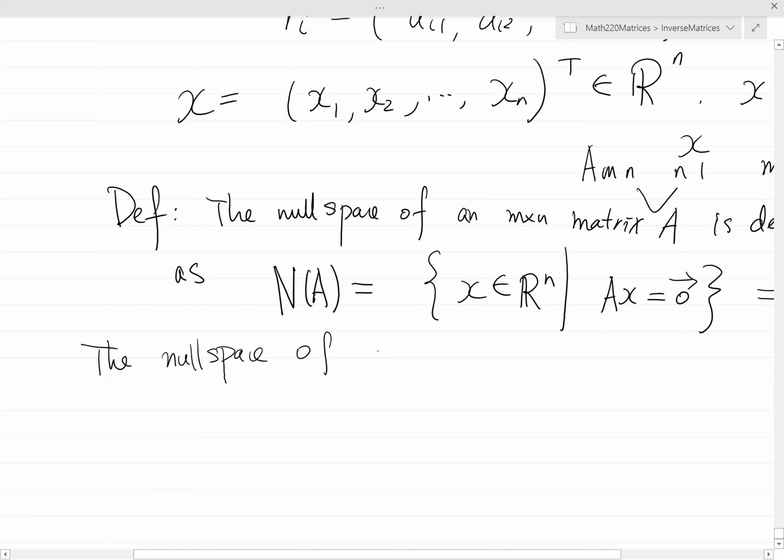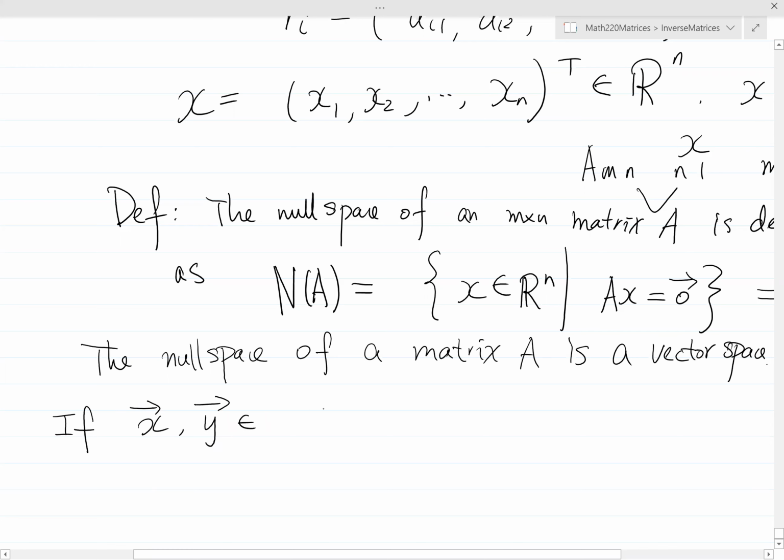For instance, if x, y are in the null space, this means Ax is 0 and Ay is 0.